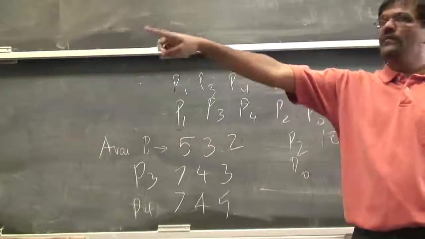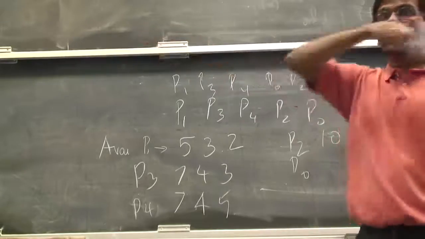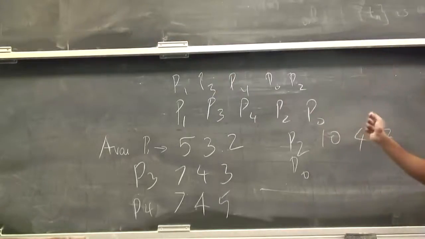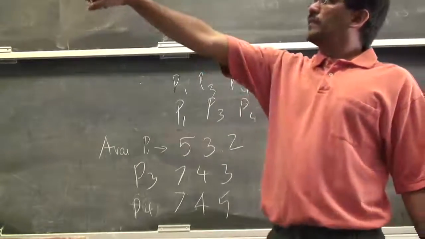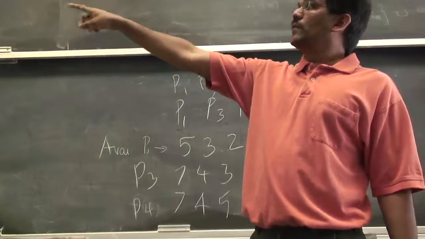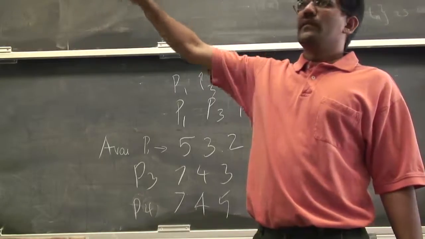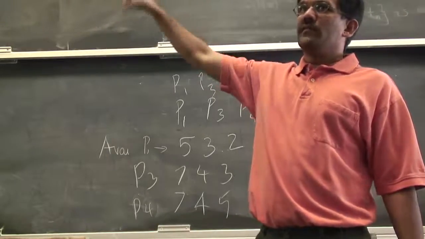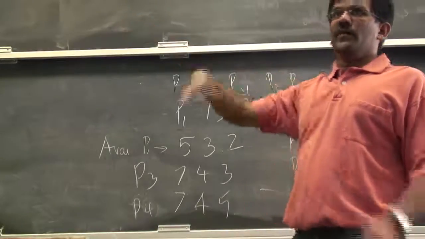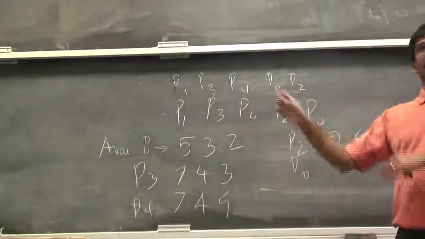So if P0 asks for 0, 2, 0, and you found one sequence, then you give that resource to P0, which means the allocation for P0 will go from 0, 1, 0 to 0, 3, 0, and available will go from 2, 3, 0 to 2, 1, 0. So you're in one state, then you proceed.